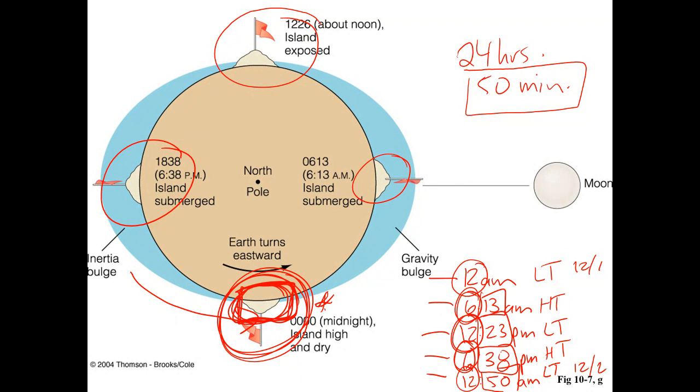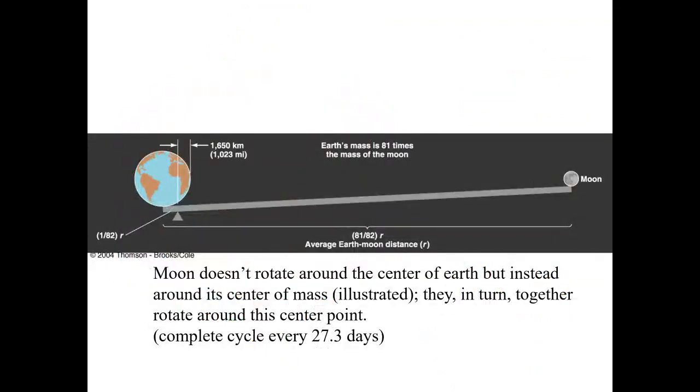So 12, 12, 12, and 12, 48, right? It's actually 12:30. So it's plus 12 minutes, 30 seconds each time, which gives us a total of the extra 50 minutes each lunar day. I know it seems confusing, but as you practice, it becomes really easy to understand.